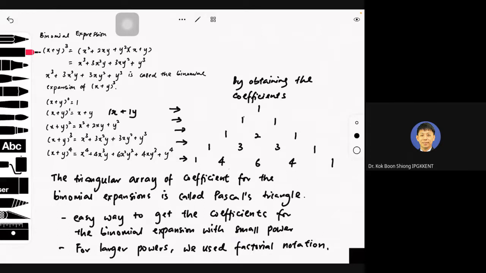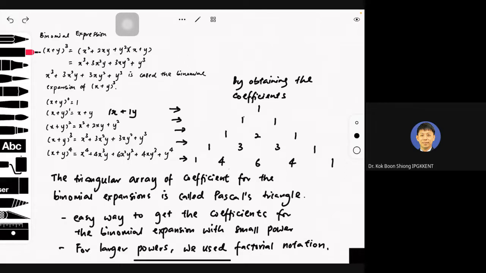For the bracket squared, it will be 1, 2, 1, so we write 1, 2, 1. Eventually we will get a pattern. You can see from here 1, then 1 1, then 1 2 1, then 1 3 3 1, then 1 4 6 4 1. So this is power to 4.